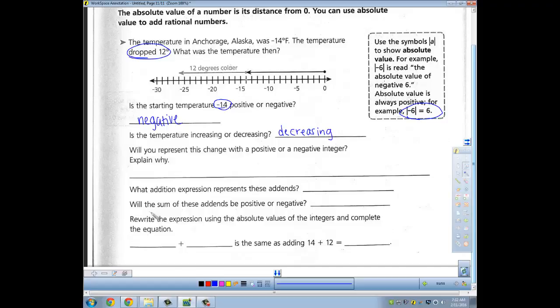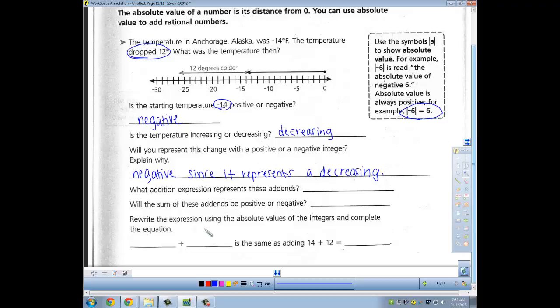Will you represent this change with a positive or negative integer? Well, we would use negative since it represents a decrease. So anytime it's decreasing, you're going to use a negative. If it said increasing, we would use a positive.